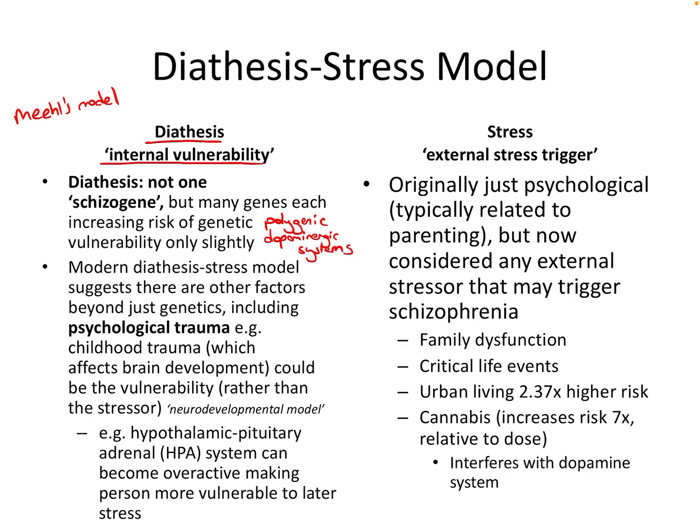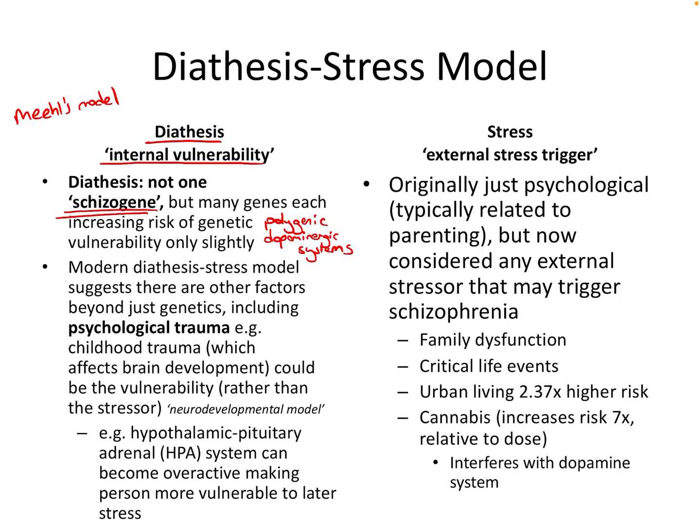So there is no one schizogene, but there are many genes that are involved, and each of these genes increases somebody's risk of genetic vulnerability, but only slightly. As we've said, schizophrenia is etiologically heterogeneous, which means that different combinations of genes combine in different ways in different individuals to increase their own individual vulnerability. So there is not one single schizogene that has been identified. But that's the old model, saying that diathesis must be a genetic vulnerability.